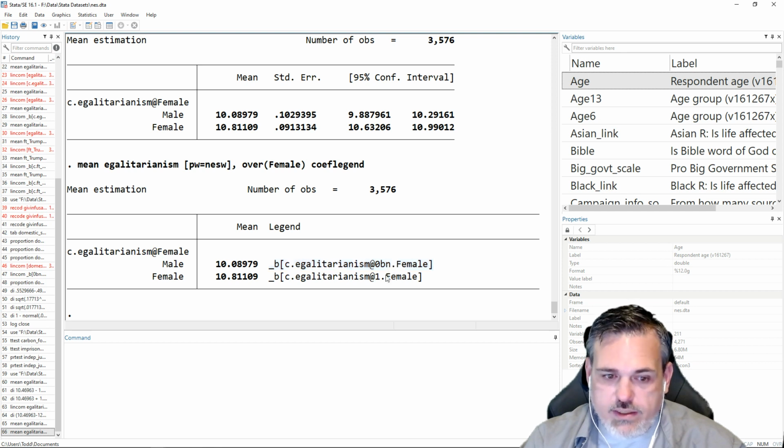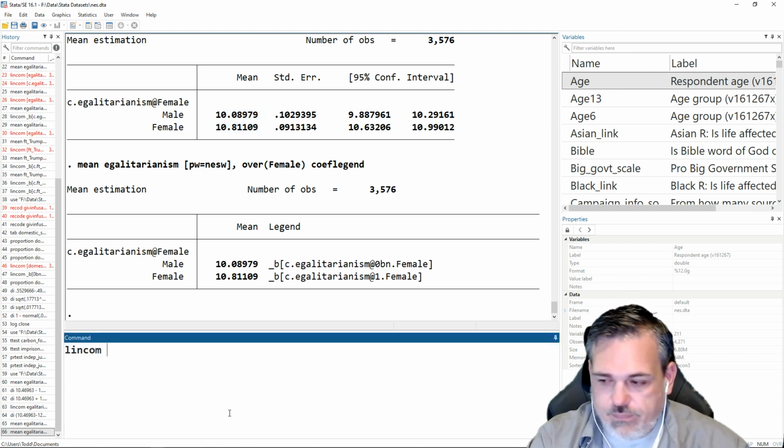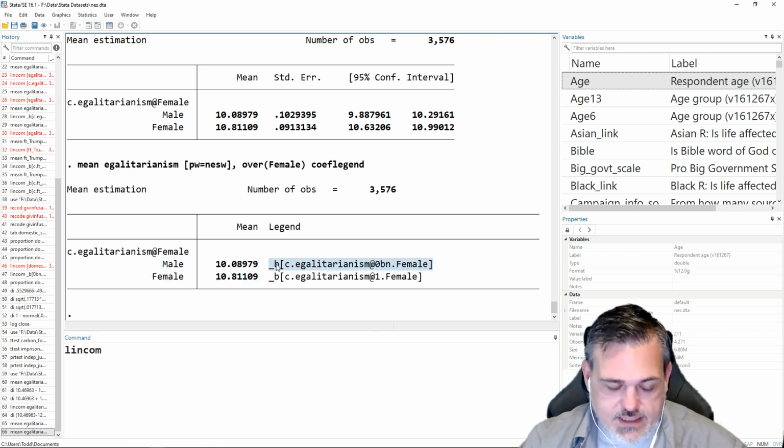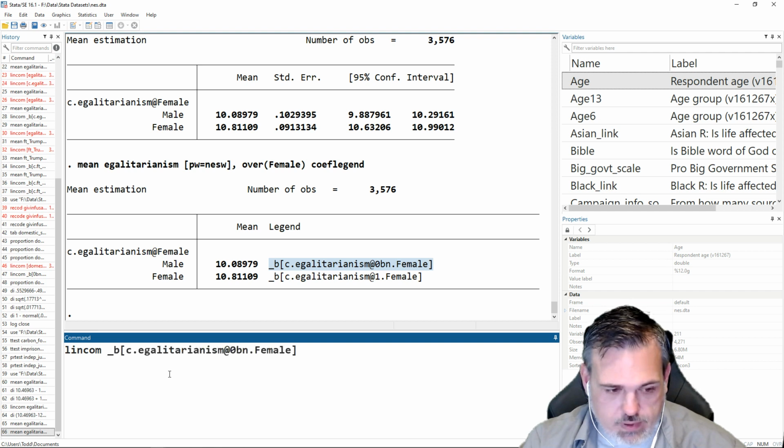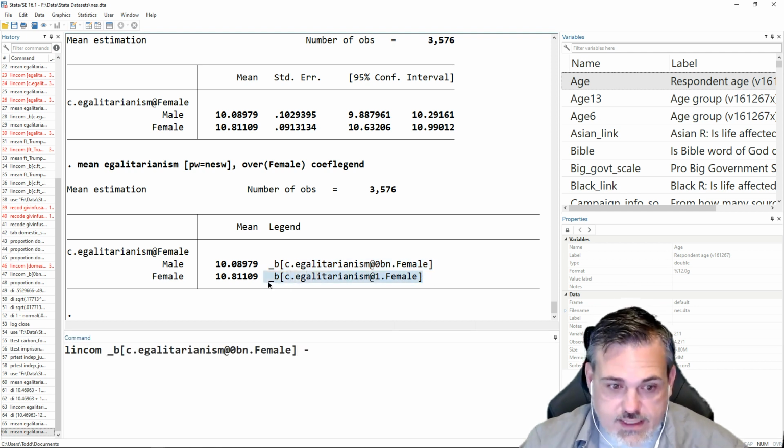Now we want to test whether male is statistically different from female. The way we're going to do that is we're going to take this entire coefficient name and subtract it from this entire coefficient name.